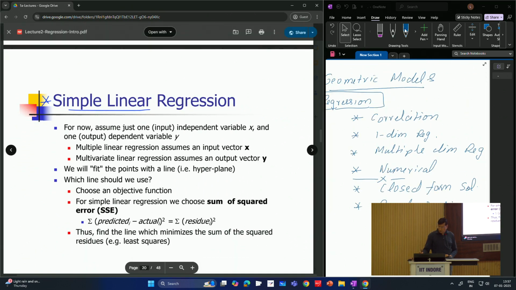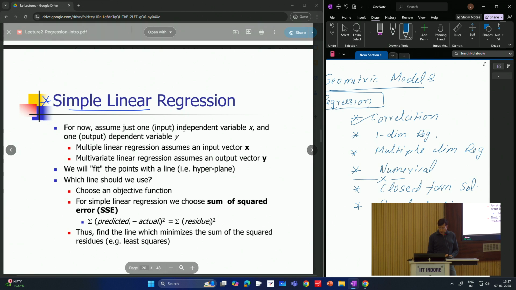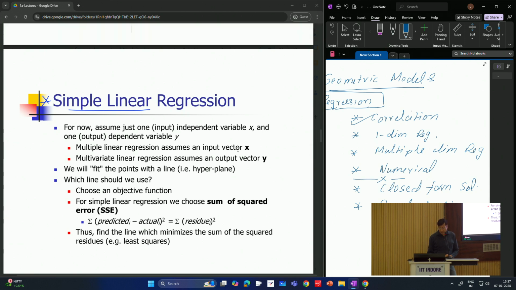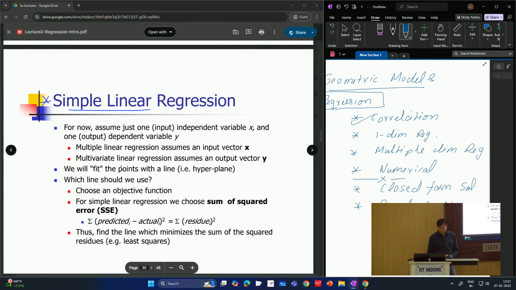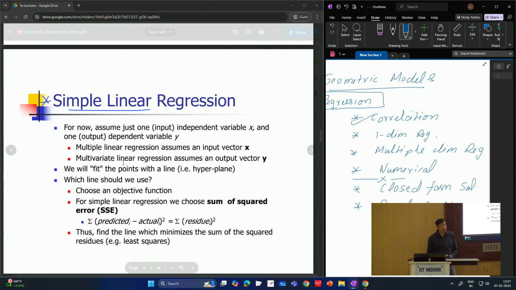What we have seen so far is correlation, and now we are going to do simple one-dimensional linear regression. So assume that there is one input variable x and one output. If there are multiple dimensions of input x, then we call it multiple linear regression. When there are multiple output variables, we call it multivariate linear regression.